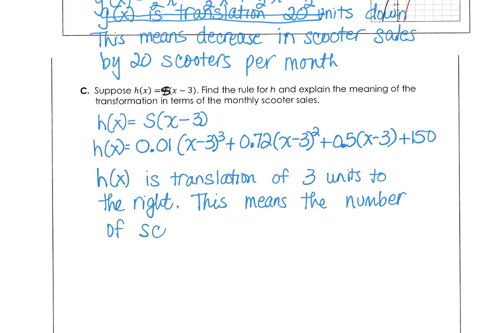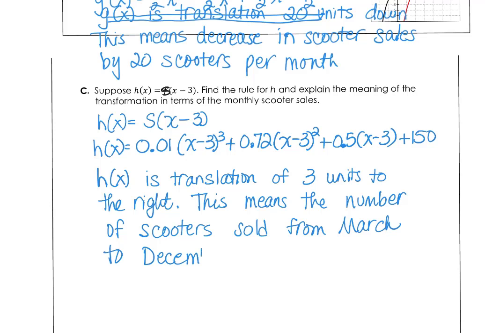This means the number of scooters sold from March to December. Since our original function, S of x, represented from January to December. And that, my friends, is the end of Unit 5.